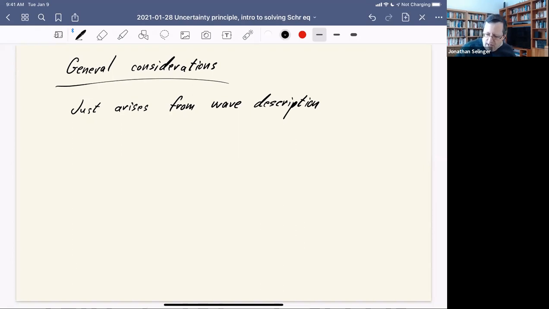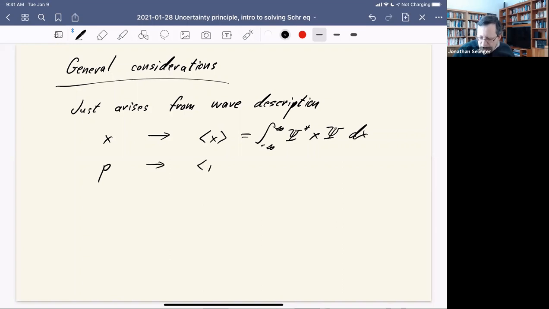That is to say, we get this average of x is an integral of psi star x times psi. And we have to have a momentum that corresponds to putting this derivative operator, the minus i h bar d by dx, in the middle of the integral sandwich.